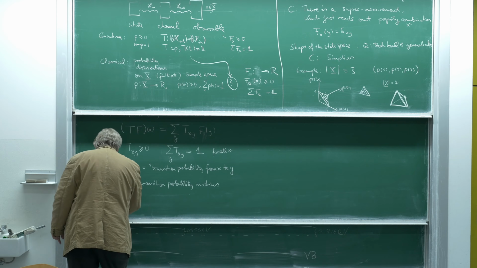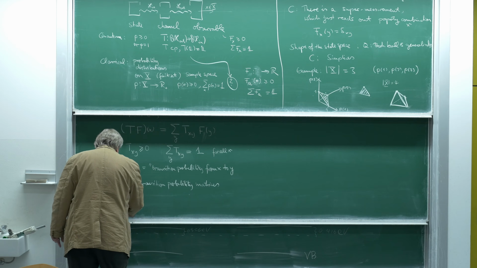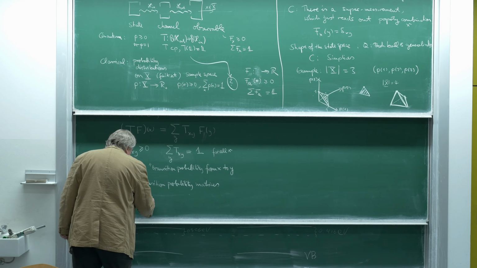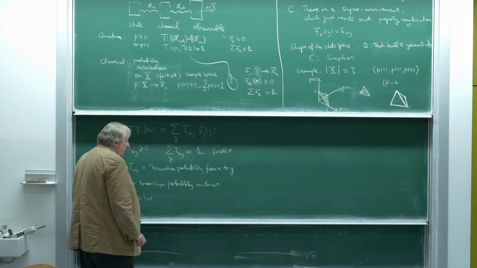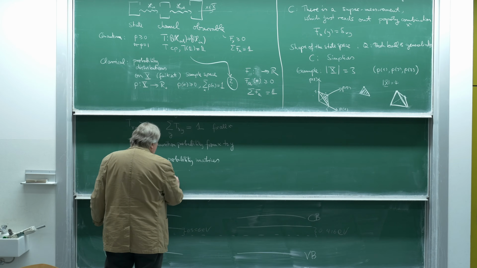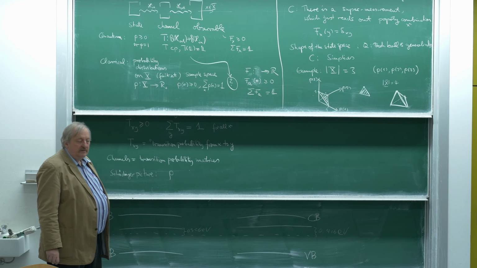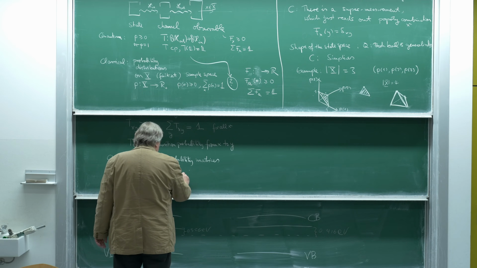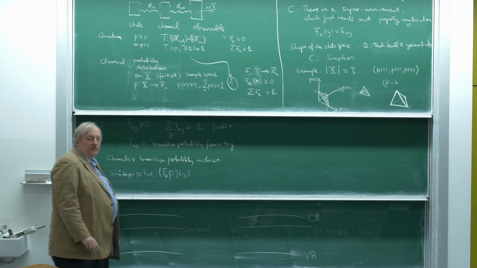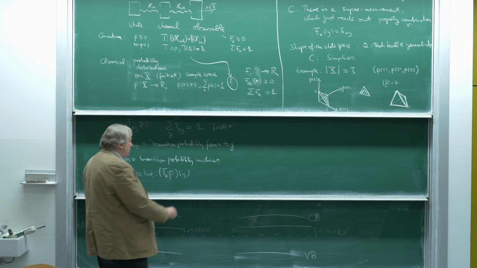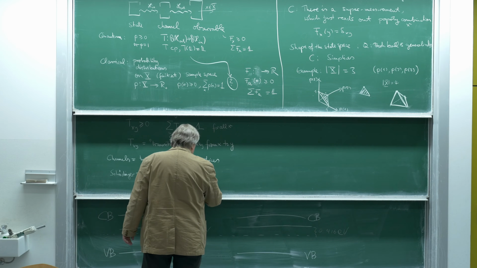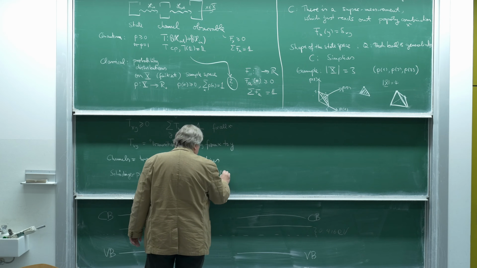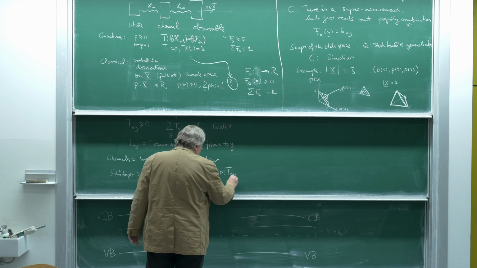So, Schrodinger picture: I have an input probability distribution rho, and T star rho is now an output probability distribution, and it's written as the sum over x of rho of x, T(x,y).